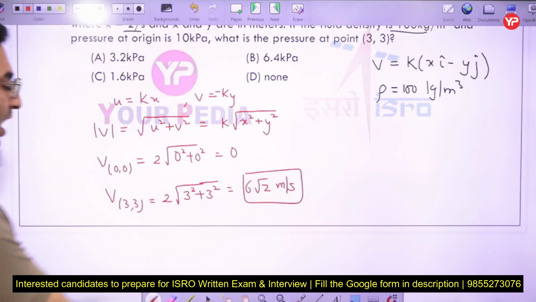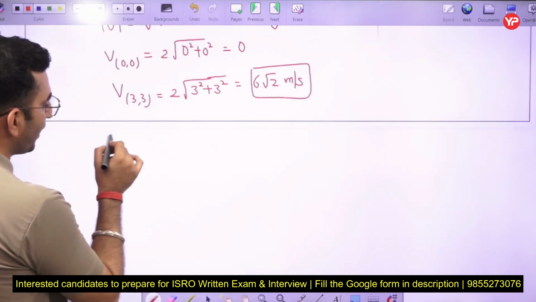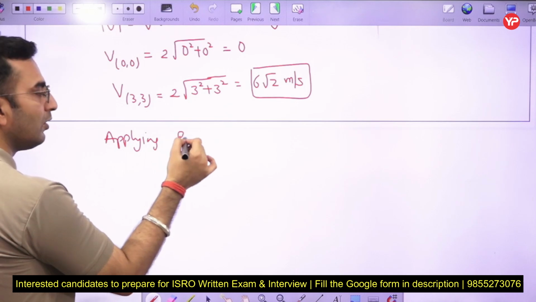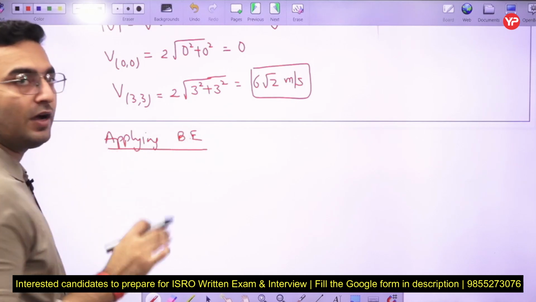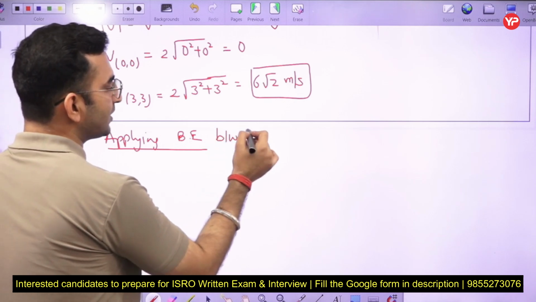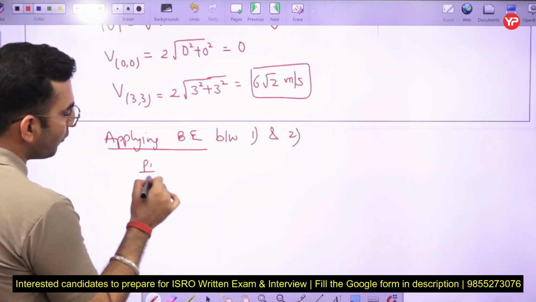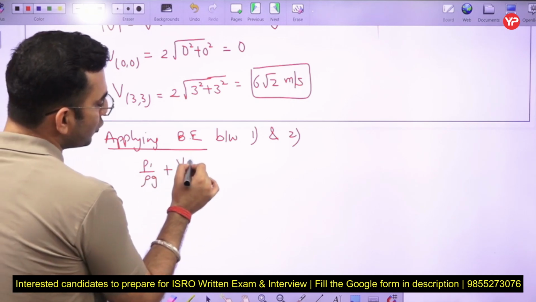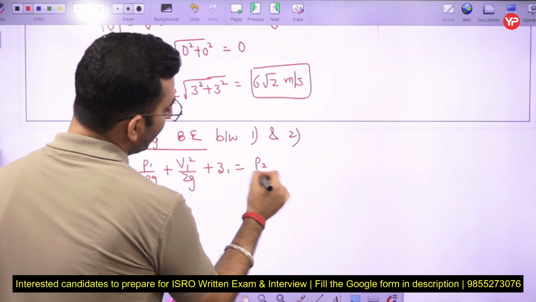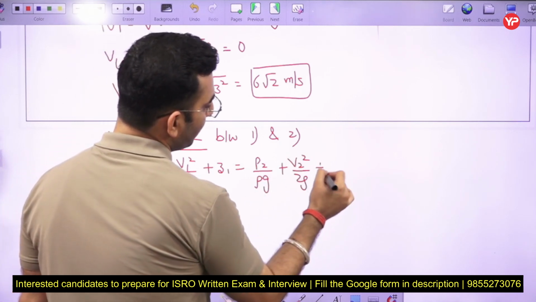So now, applying the Bernoulli equation between point 1 and point 2: there is no information given regarding the potential energy, so I am assuming the potential energy is going to remain the same. So I can directly write P1 upon rho g plus V1 square by 2g plus Z1 is equal to P2 by rho g plus V2 square by 2g plus Z2.